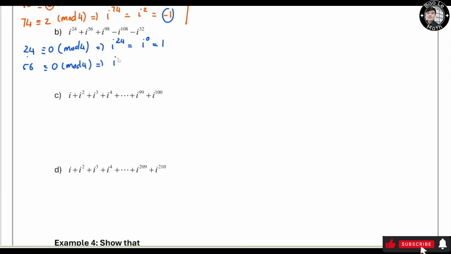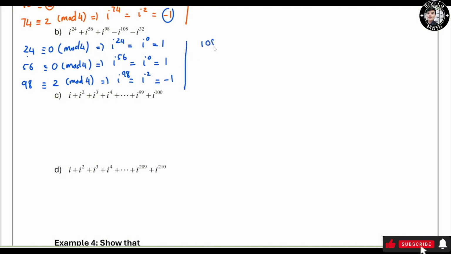So then i to the 56 is i to the 0, which is going to be 1. Now 98 is congruent to 2 mod 4, right? And then i to the 98 is the same thing as i squared, which equals negative 1, right?